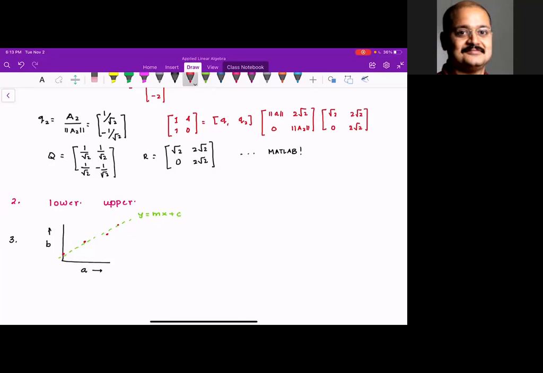Y is the value of B and X is the value of A. So basically these Y's are 0, 8, 8, 20, is equal to, what you have is M, multiplied by X, which is 0, 1, 3, 4, plus C. Now, how do we solve this problem?